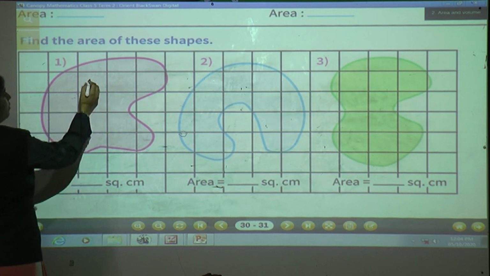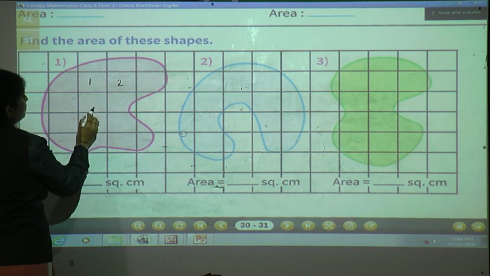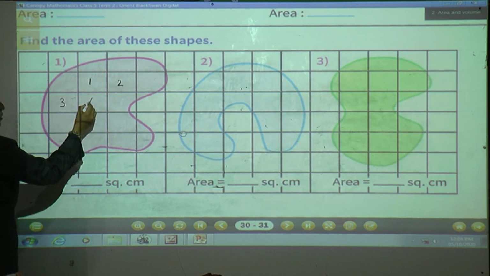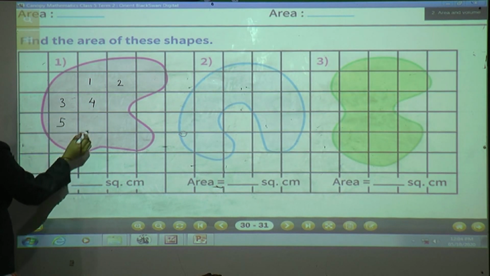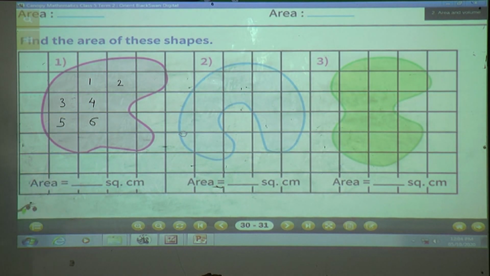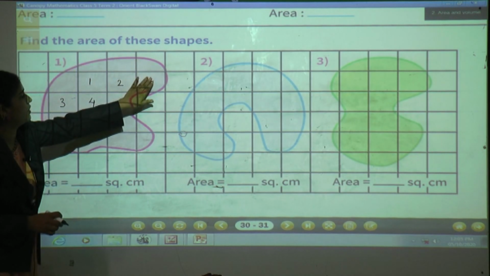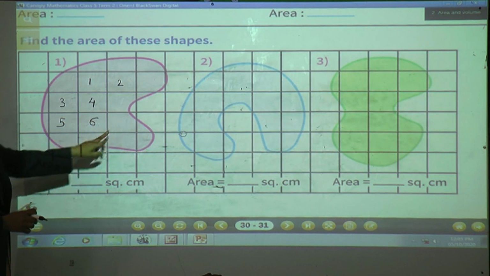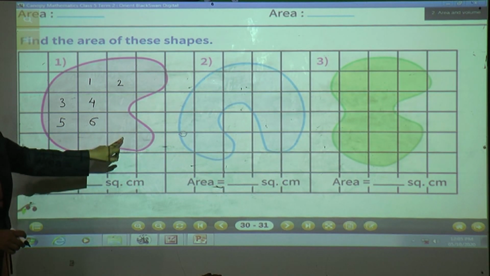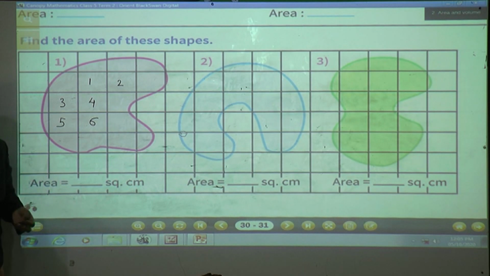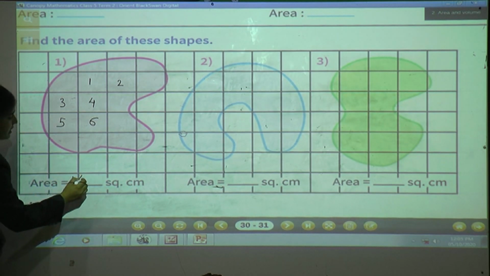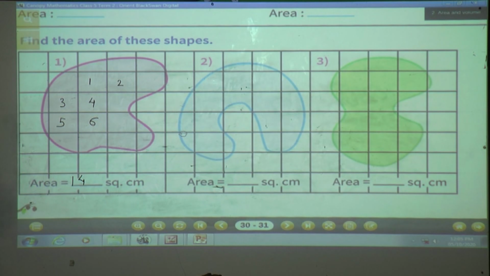Count it. 1, 2, 3, 4, 5, 6. 6 full squares are here. Then count half squares or more than a half square. Here 1, 2, 3, 4, 5, 6, 7 and 8. So 6 plus 8, yes, it makes 14. So the area of this figure is 14 square centimeter.